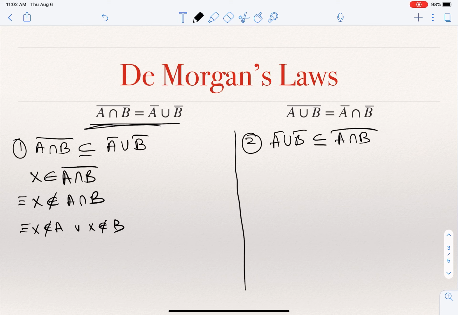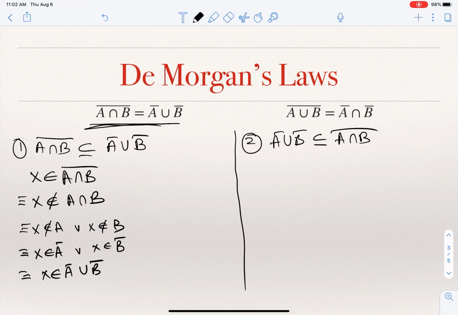But what does it mean that x is not in A? It means that x is in the complement of A, or x is in the complement of B. By definition of the union, this says that x is in the union of the complement of A and the complement of B.